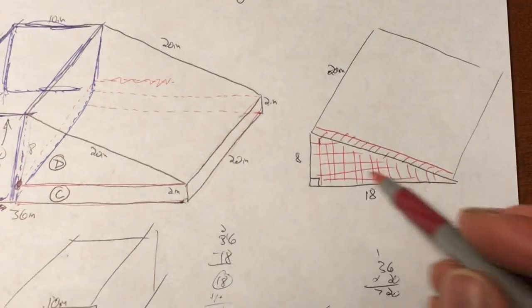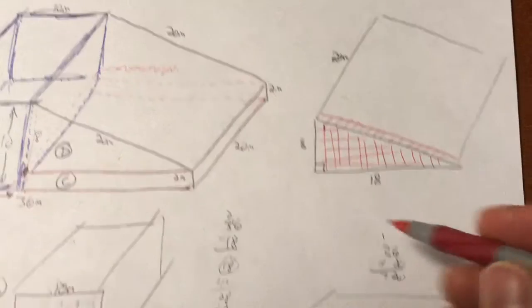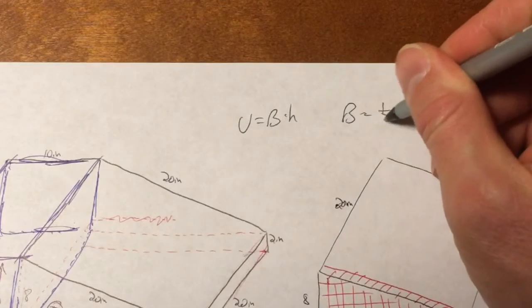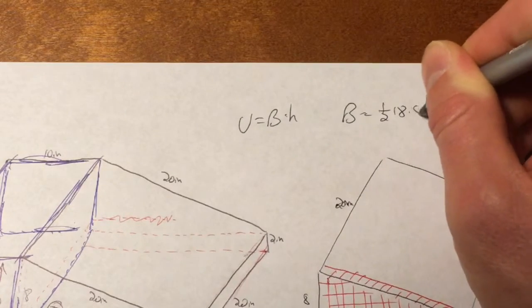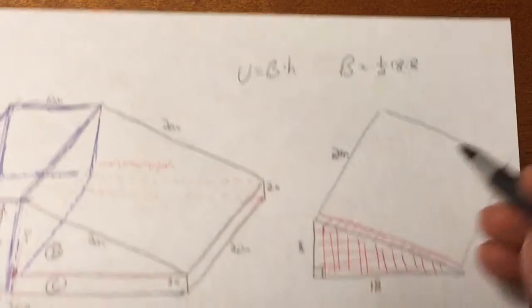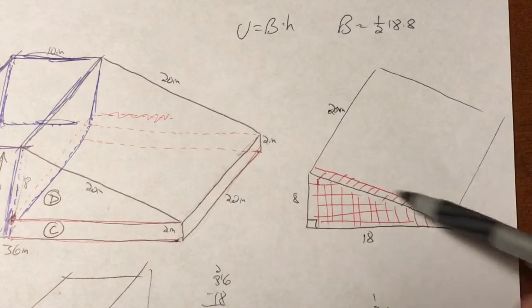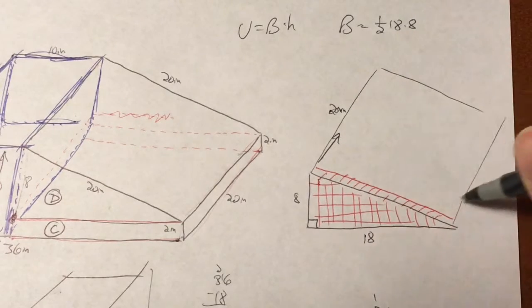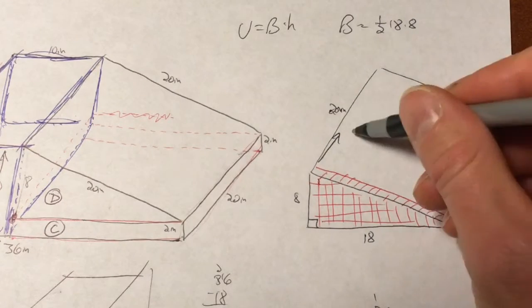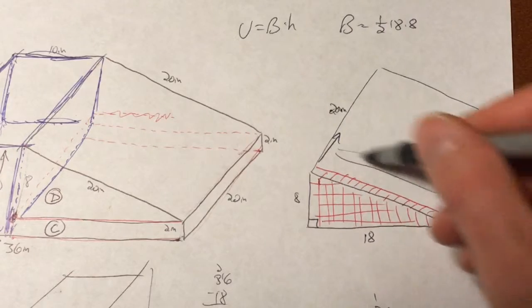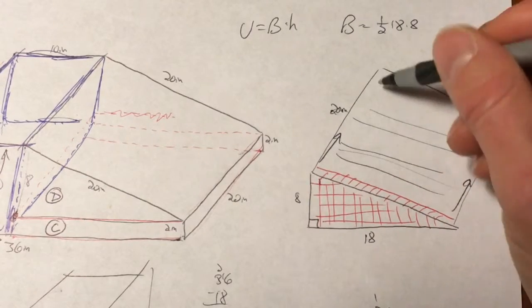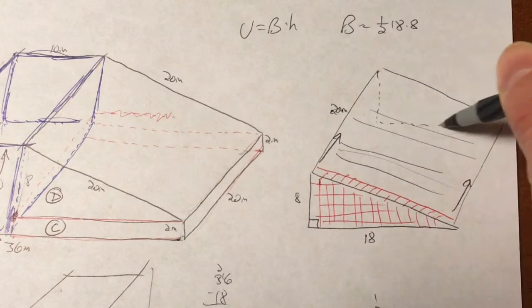What that means is you can fit 1/2 18 times 8 cubic inches inside of that one layer, and then you have to multiply by 20 layers because it's the triangle that repeats all the way through this shape.